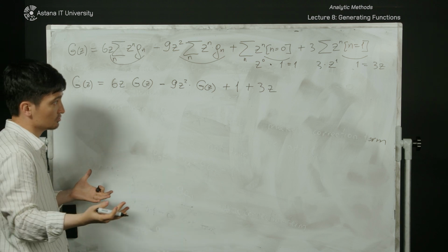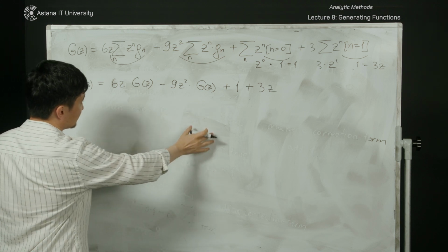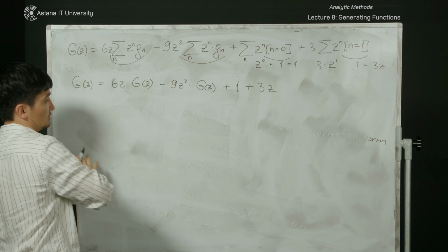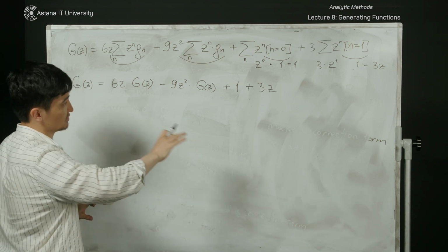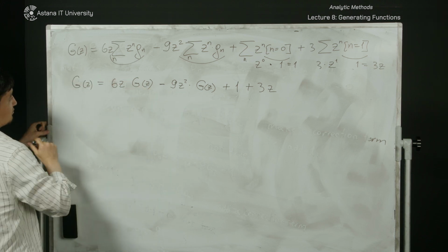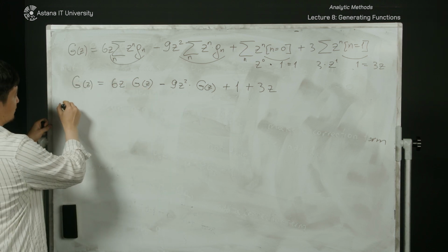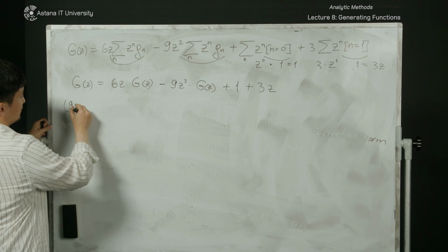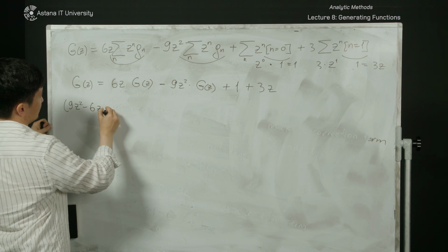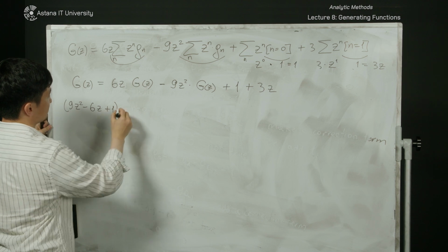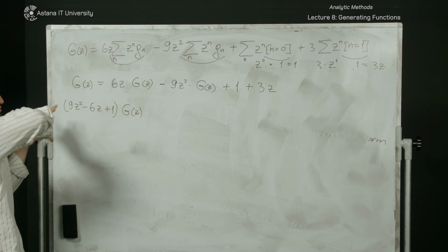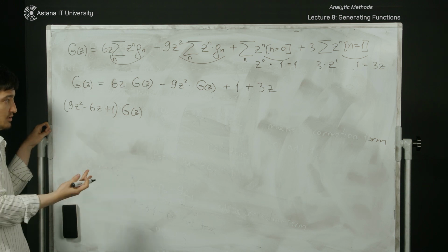Now what is left to do is to collect all the terms with g of z together on one side, and all the remaining terms without g of z on the other side. So I'm going to move this to the left side. So I simply have 9z squared minus 6z plus 1 times g of z, so I move this and take g of z outside.